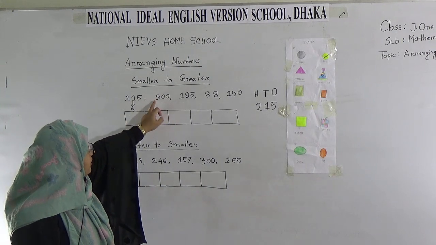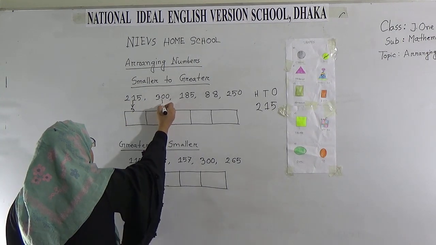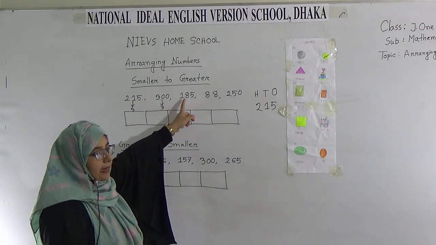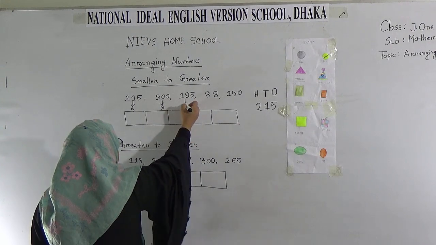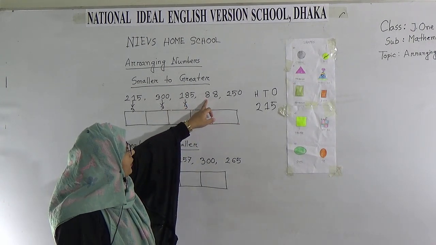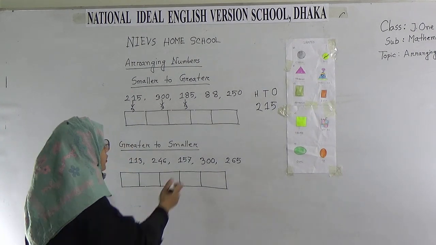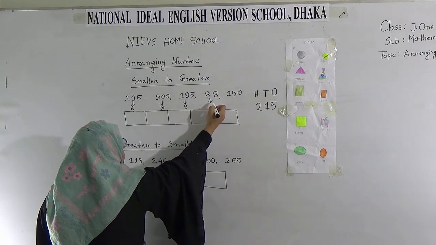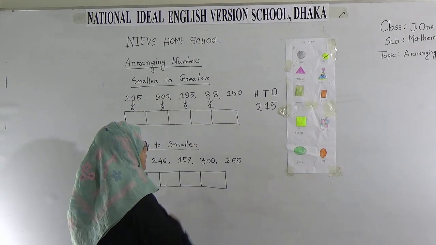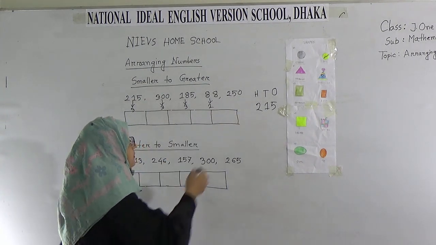How many digits are here? 1, 2 and 3. Similarly, the digits of 185 is 3, and the digits of 88 are 1 and 2. So the number of digits of 88 is 2. And the last one, 250: the number of digits are 1, 2 and 3.